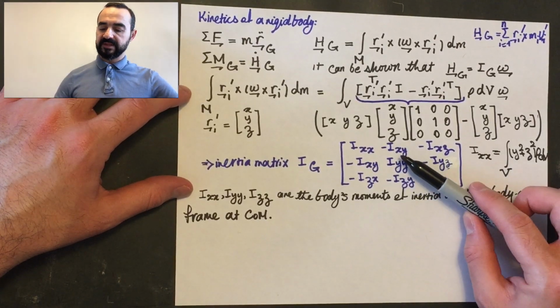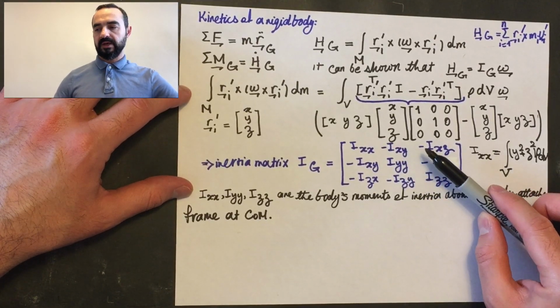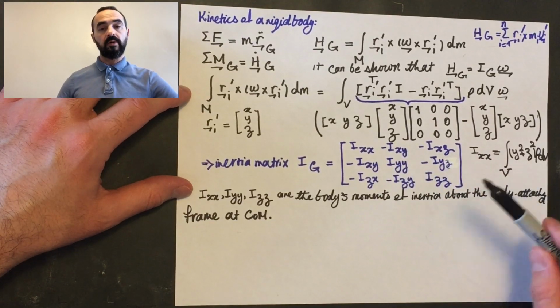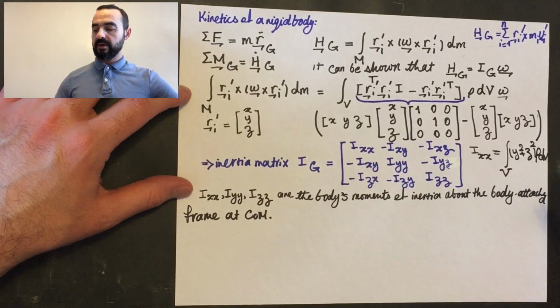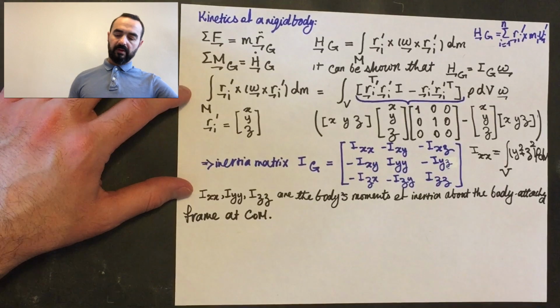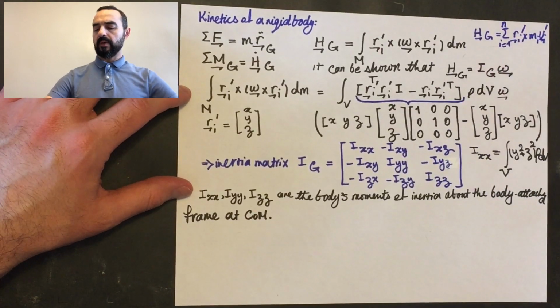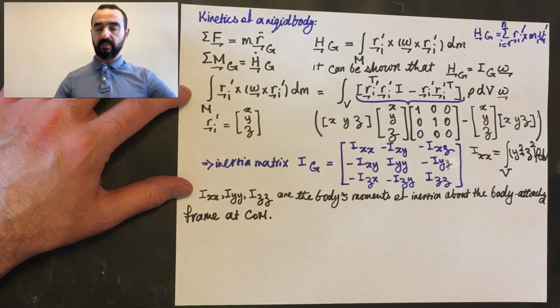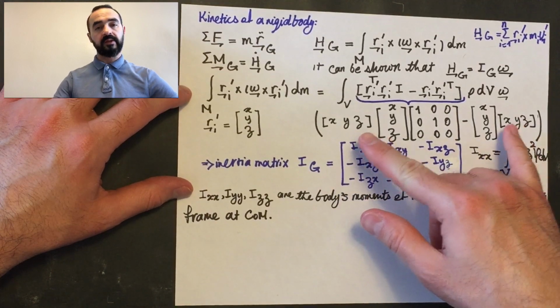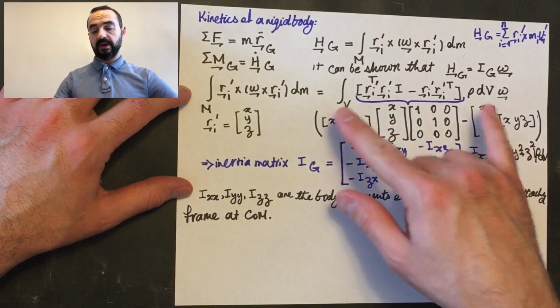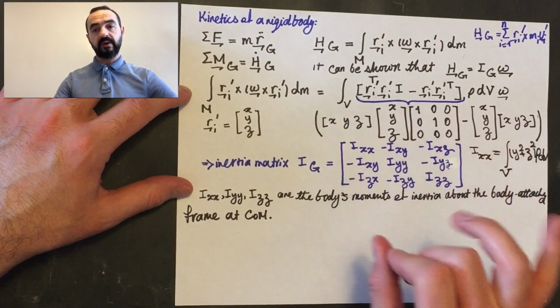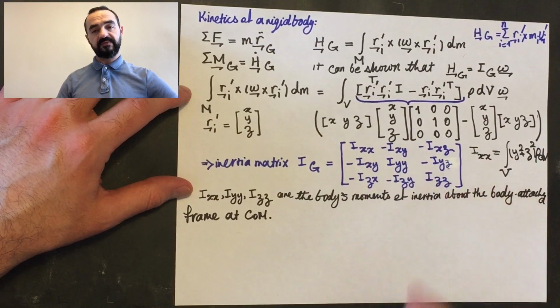So, for example, this term, Ixy, is equal to the integral of xy rho dV. My suggestion is to practice: you can expand these terms and compute each of these components.